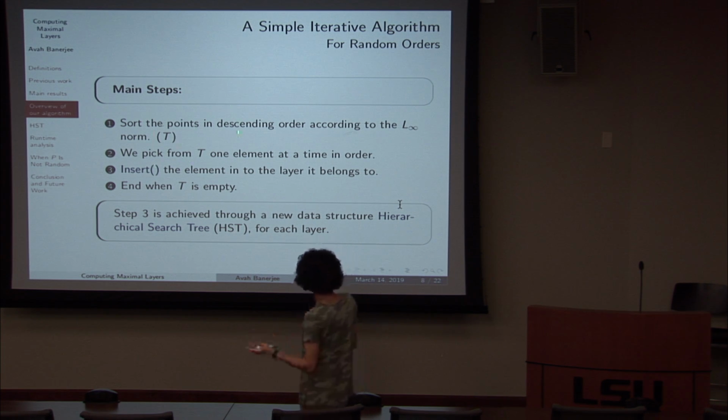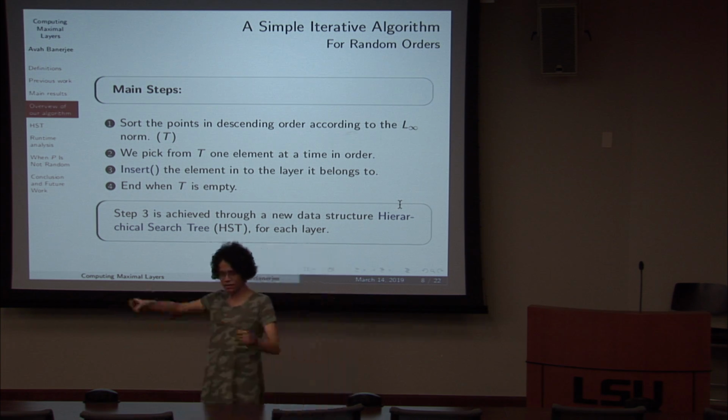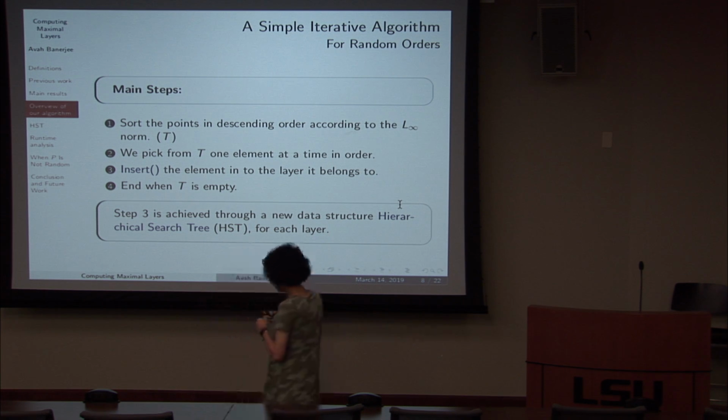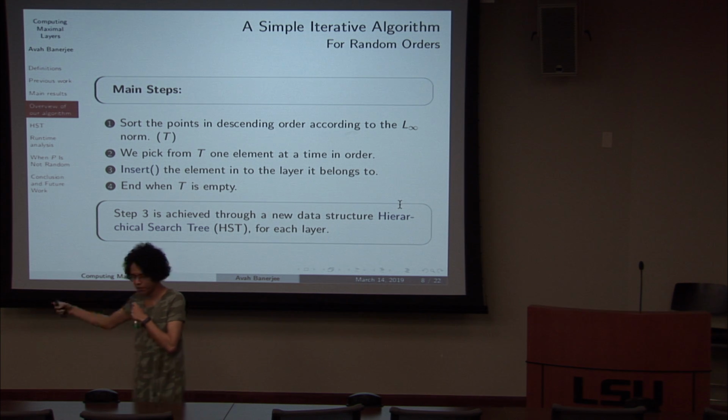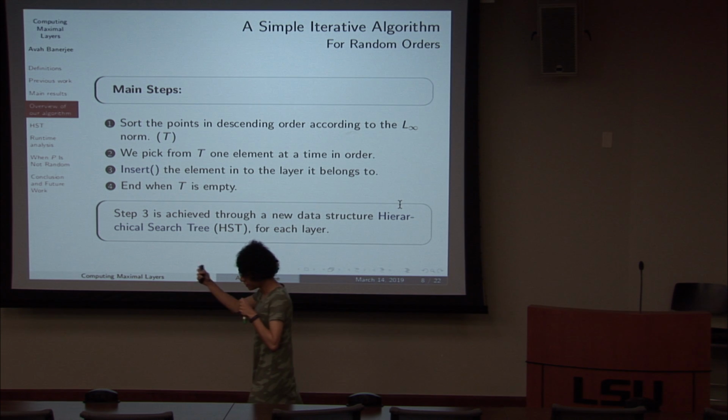Well, sort the points. So again, we have n points in a k-dimensional Euclidean space. In our case, first, in this model, we are assuming that the points are picked uniformly at random, like I defined. Later, we extend it to arbitrary input, where we don't make any assumptions. So that's our input.